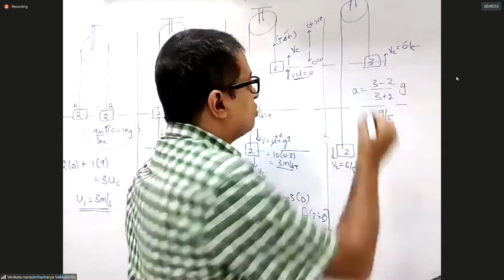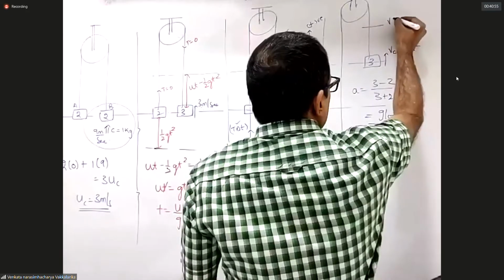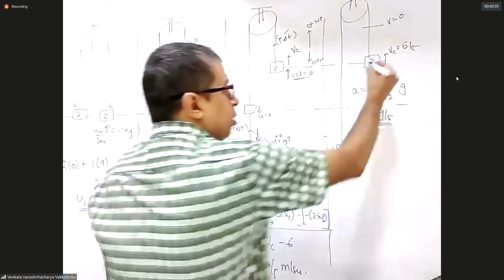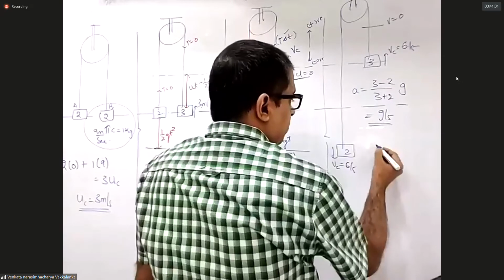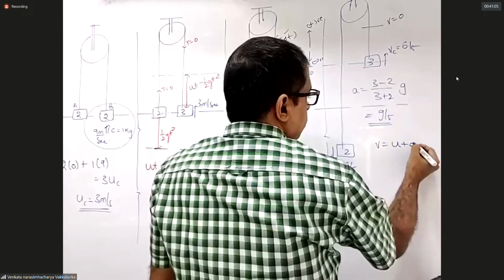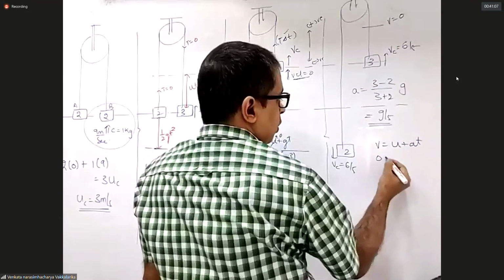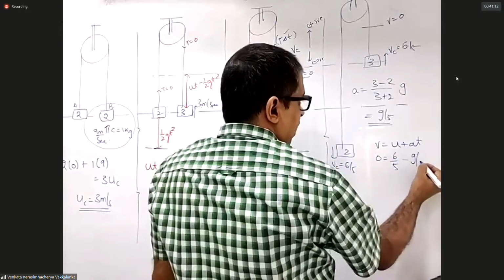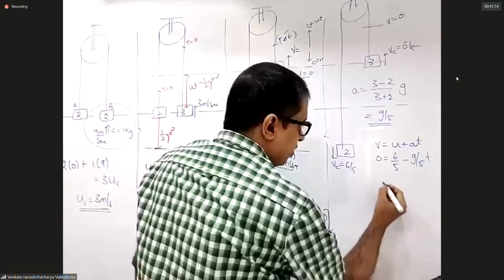Decelerating. Initial velocity is vc. Somewhere here velocity will become 0. How much time will it take for that to happen? V is equal to u plus at. Final velocity is 0. Initial velocity is 6 by 5. Acceleration is g by 5 into t.